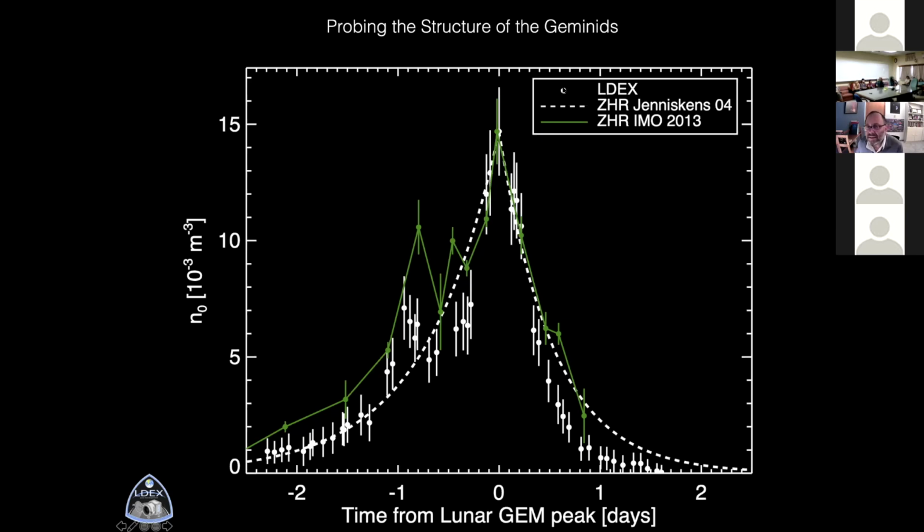Those are the white dots. And of course, even this small structure, which is probably due to the segregation by size of a trail of the incoming dust particles from this particular comet that generates the Geminid shower, even that is recovered, and it goes hand in hand: what's seen on the ground as a shooting star and what's seen as dust density enhancement in orbit around the moon.